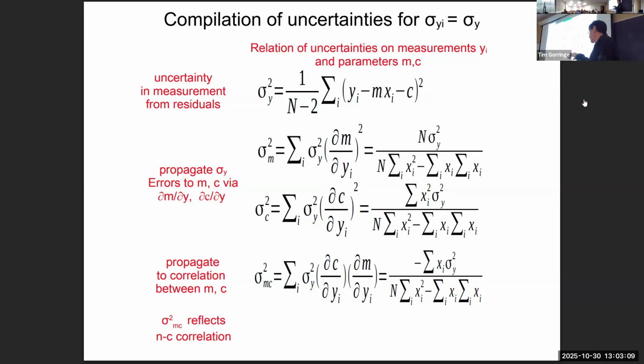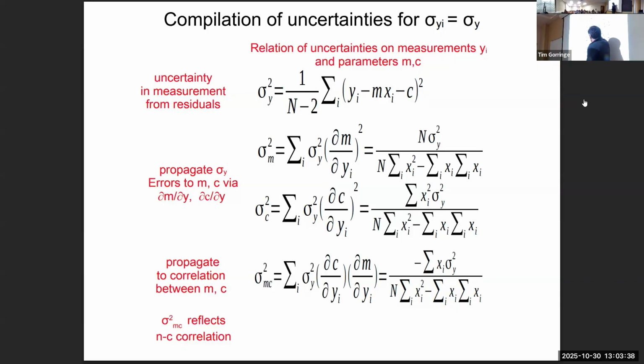That's all this slide lays out, really. Upstairs here, I'm calculating the uncertainty on the data based on the size of these residuals, so the sum of the square of the residuals. That's how I might characterize the uncertainties on the data.